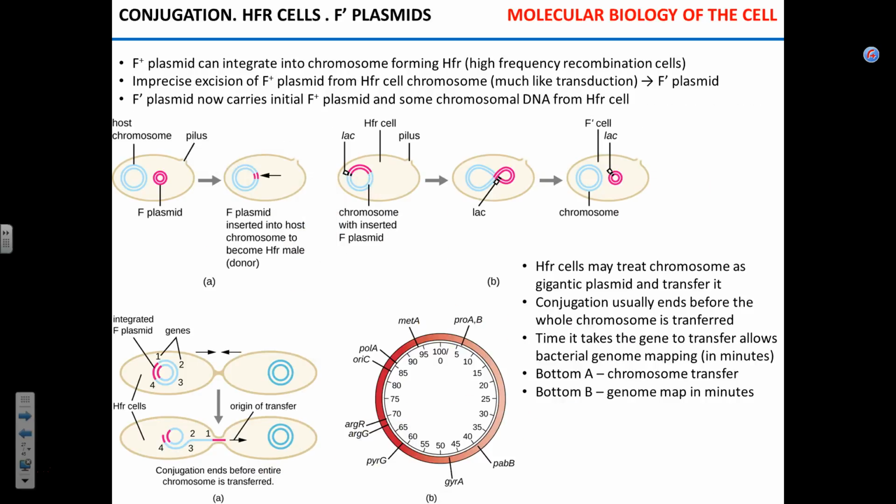Now, other things that can happen to the F plasmid is that the F plasmid can get incorporated into the chromosome. Okay? Now, if things can get incorporated, they can get excised as well. And what I told you about excision, it's imperfect. Okay?